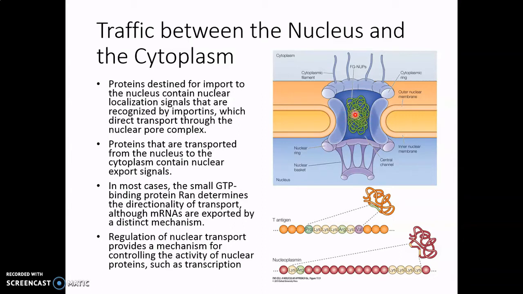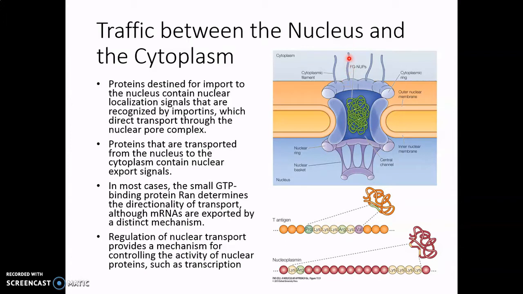Now that interaction with this gel-like material is transient. It's a weak binding. So you can imagine that it's constantly binding and letting go, constantly binding, letting go. And by continually grabbing hold, it prevents it from floating back out backwards. And just over time, it'll be able to move progressively through here by letting go, binding to something next, binding something next, binding something next.